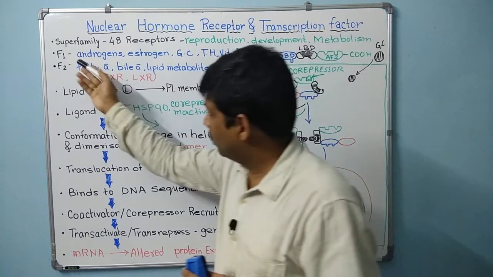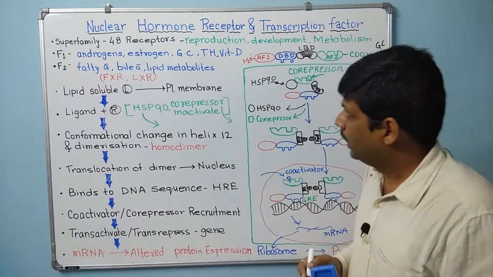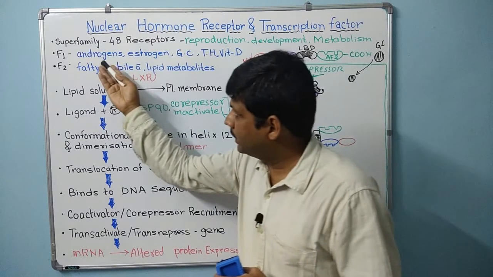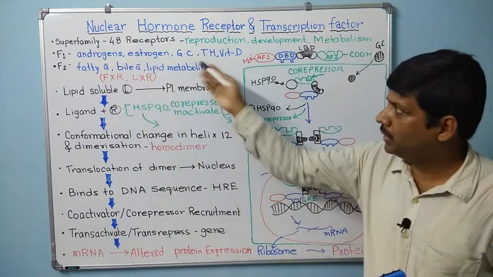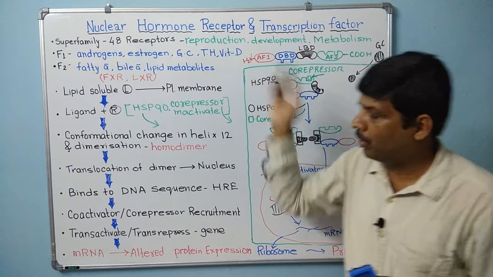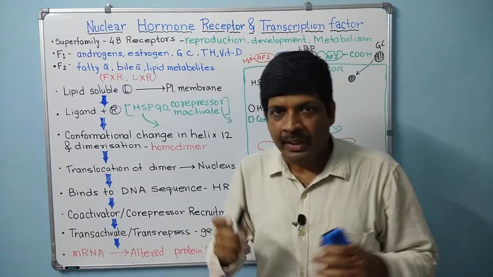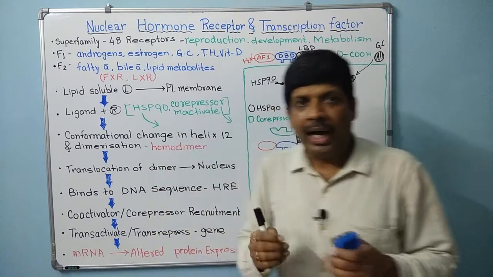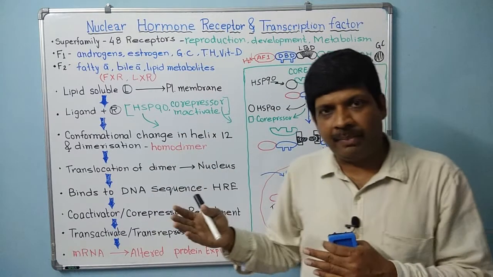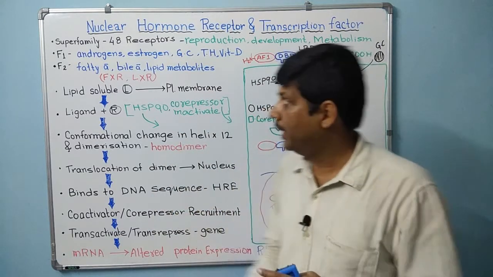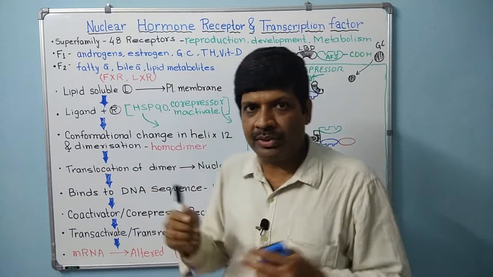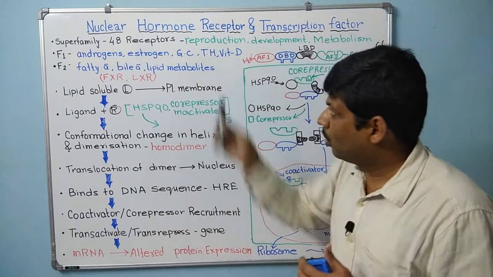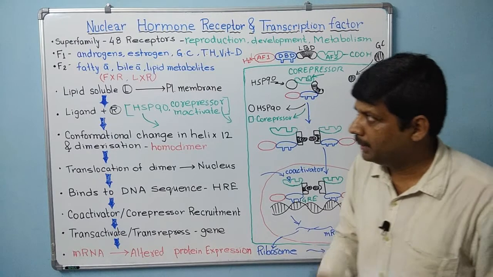The first family has ligands like androgens, estrogens, glucocorticoid, thyroid hormone and vitamin D. The name of the receptor given for these ligands is the same as their name, only the word receptor is added. That means for estrogen, estrogen receptors are there, and glucocorticoid receptors are there.